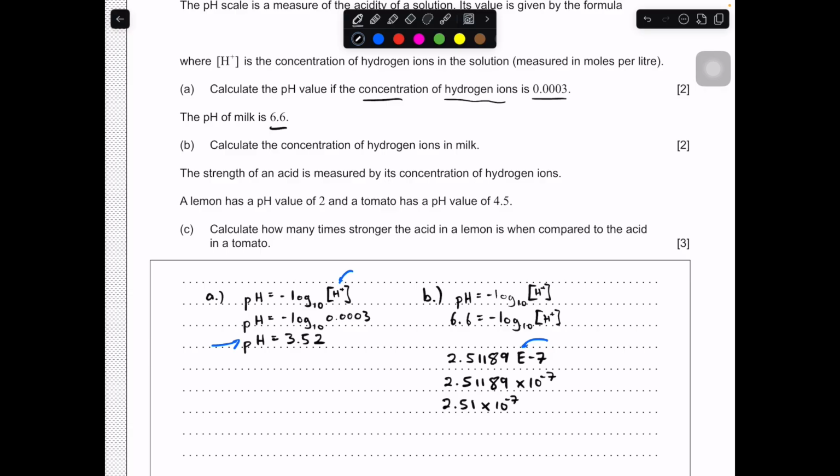So a fair number of zeros. We would have to move 1, 2, 3, 4, 5, 6, 7 zeros if we wanted to write this out without any kind of decimals, or sorry, without this scientific notation here.